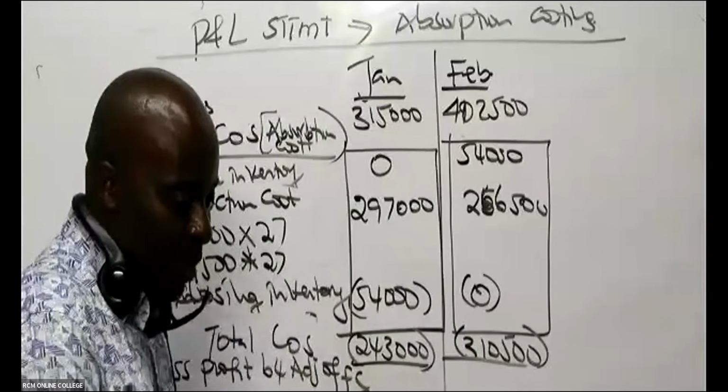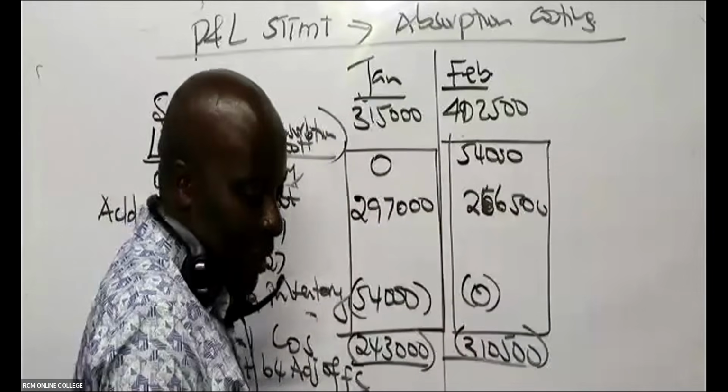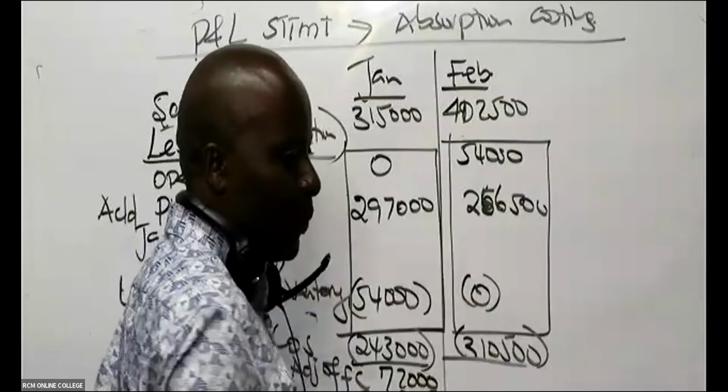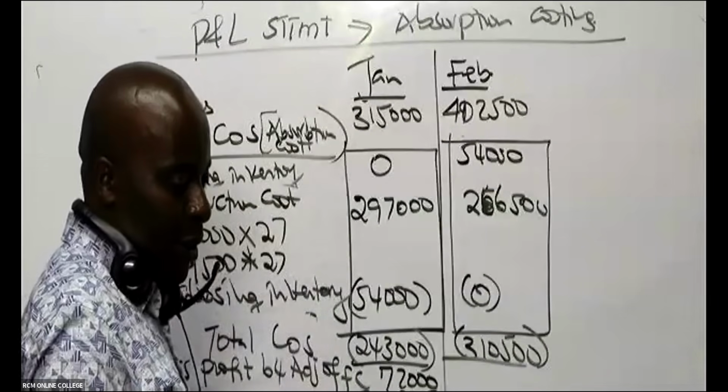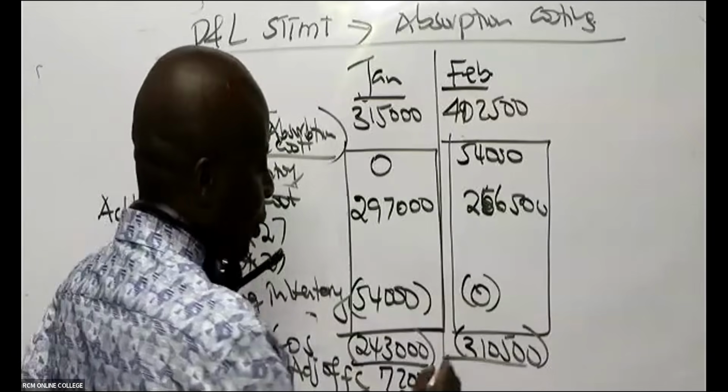So the first one I'm being told is 92,000. They're telling me that is February. The first one is 72,000, and then the second one is 92,000.